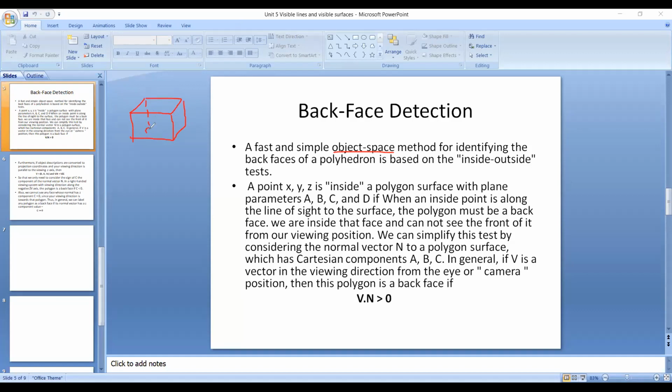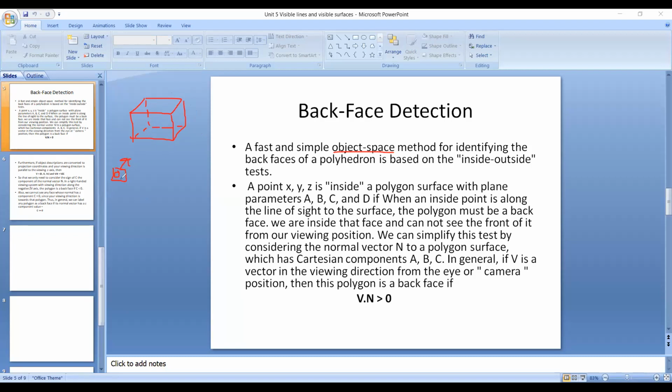I am going to draw the actual coordinates. Okay. Right now, this is your back face. Your camera is here. So from this camera, I am looking at the object.